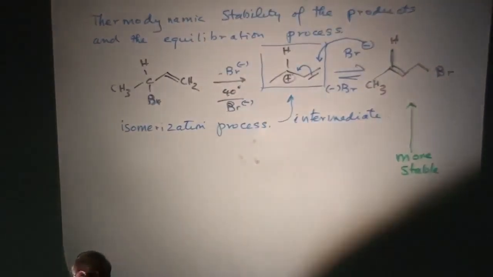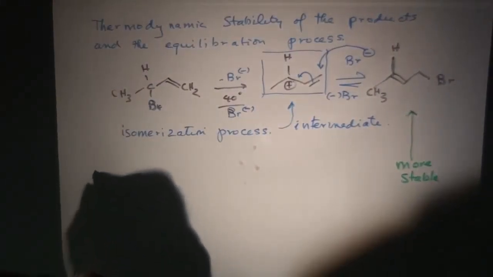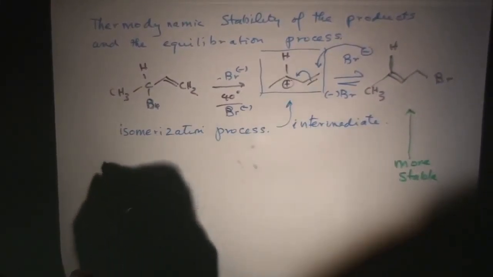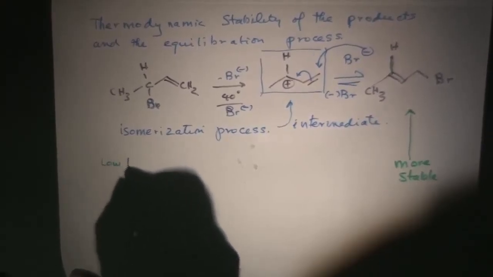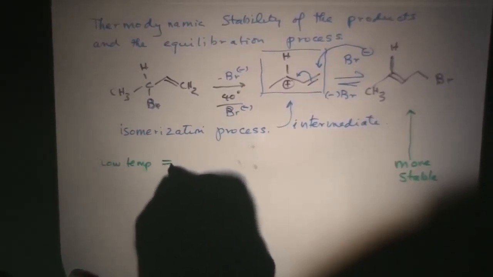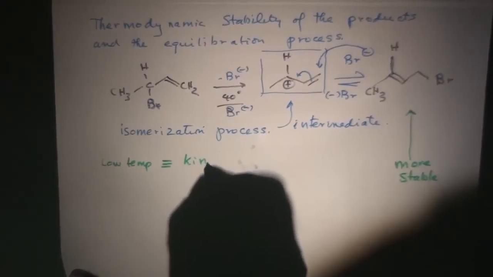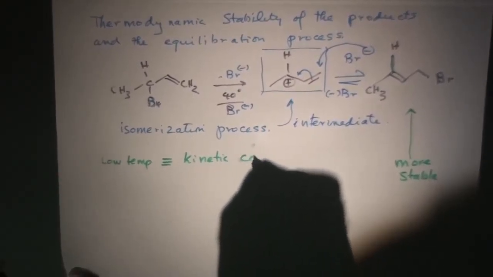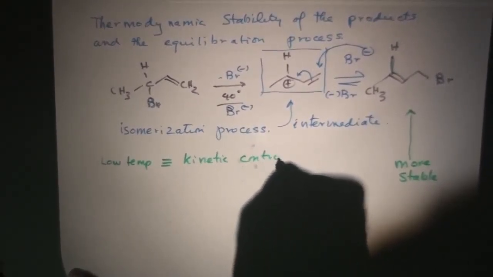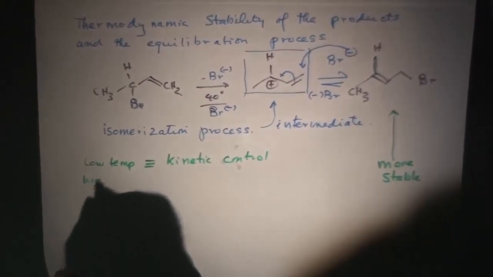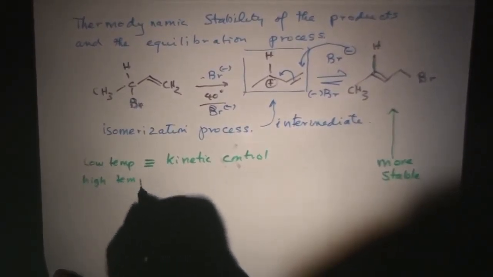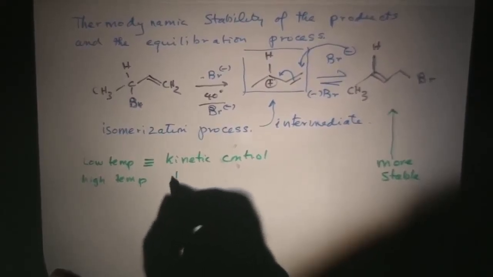And just for you to have the idea, if I suggest the reaction is done at low temperature, you should say, well, that means we are working under kinetic conditions, kinetic control, and at high temperature, we're working under thermodynamic control.